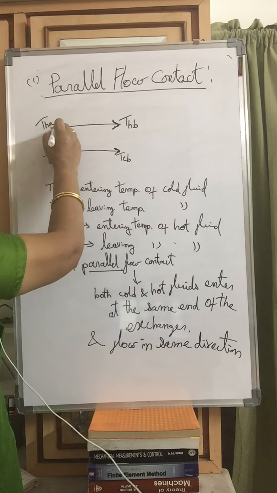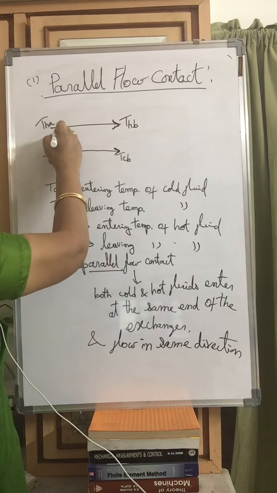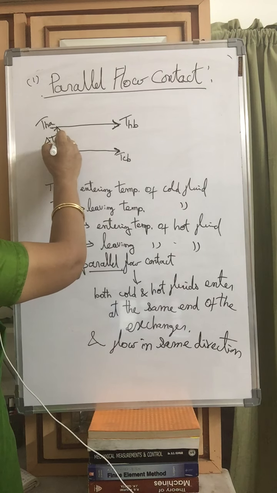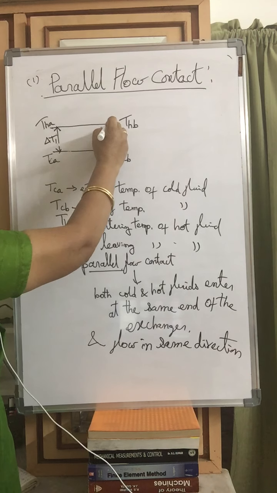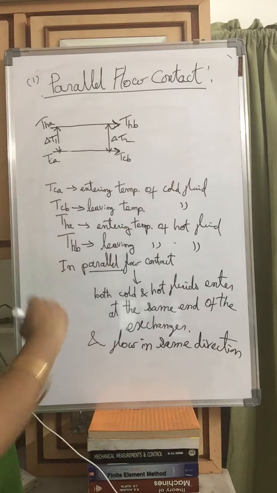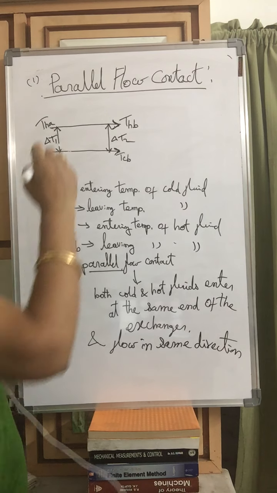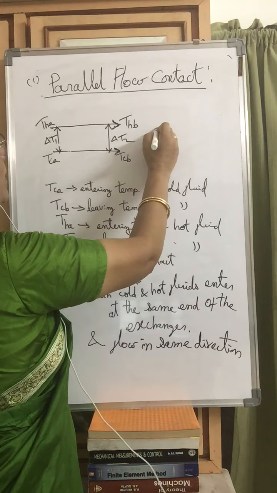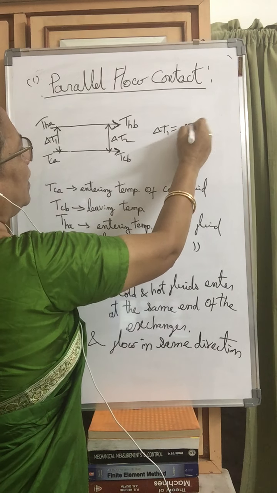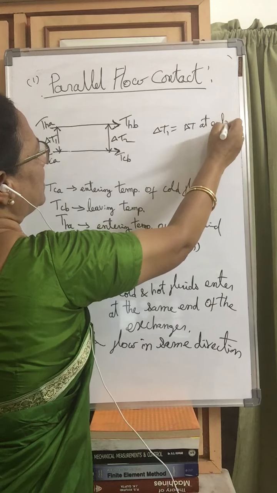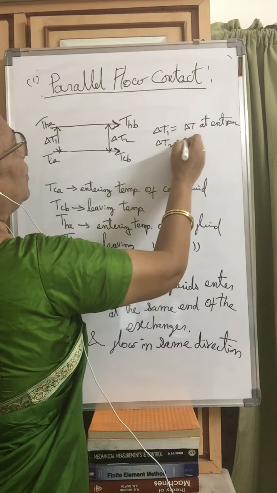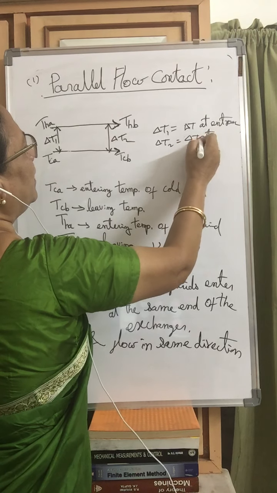Now, the difference here is at the entrance always delta T1, at the exit always delta T2. Delta T1 equals delta T at the entrance, and delta T2 equals delta T at the exit.